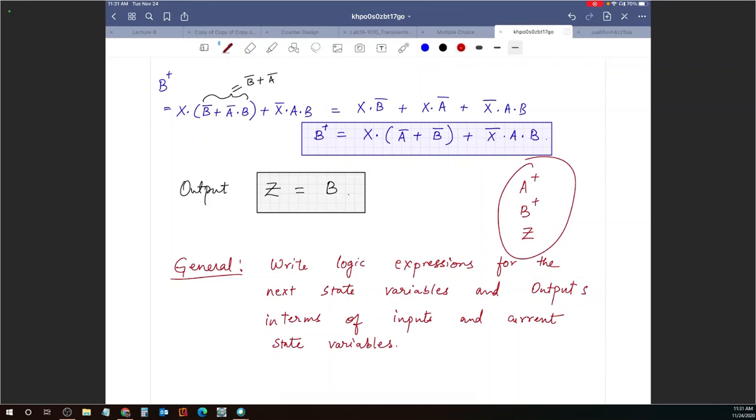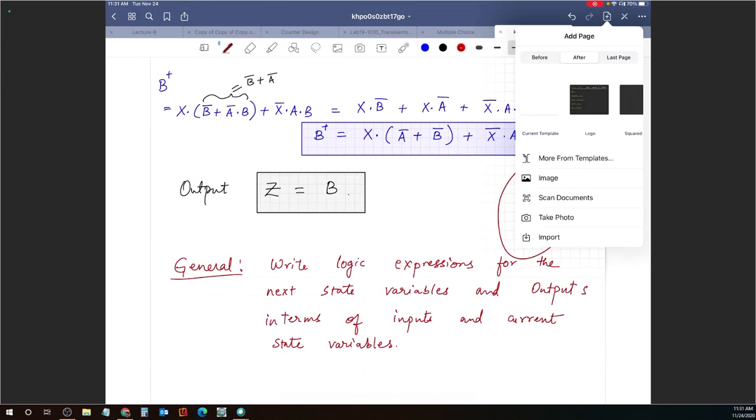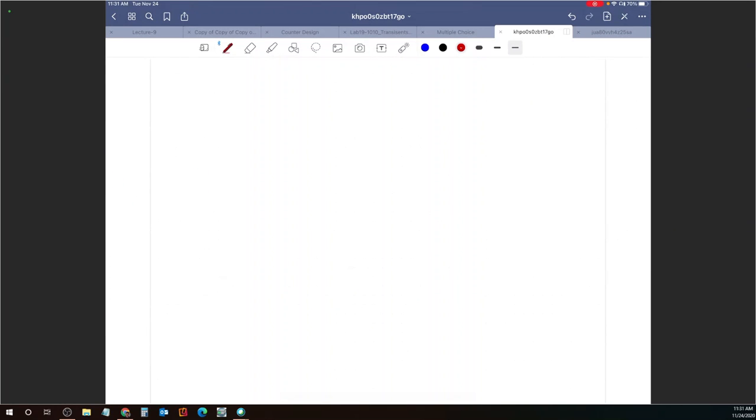The next thing is to write the state transition table. And the state transition table has a particular form. Let me show you guys how that is.